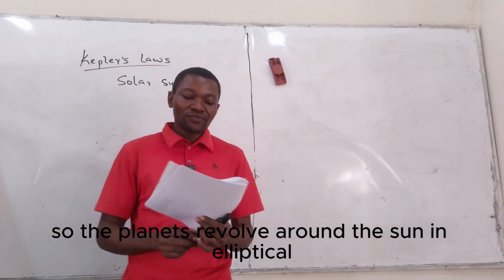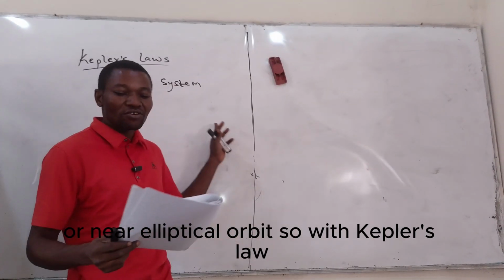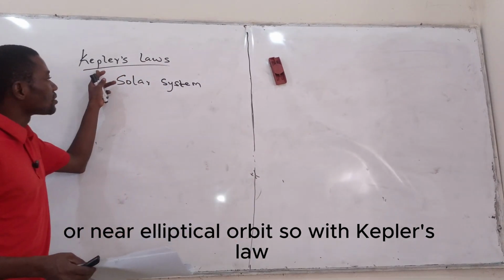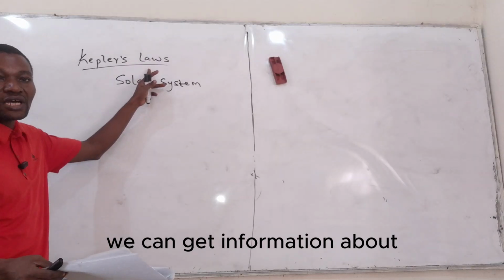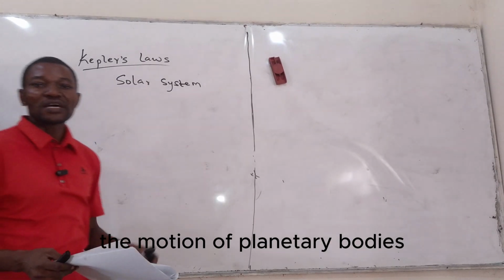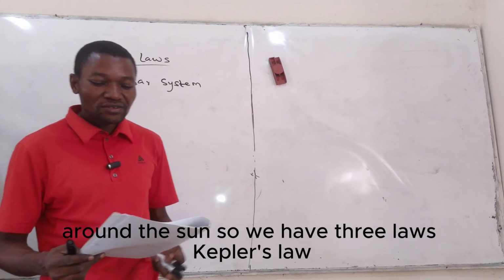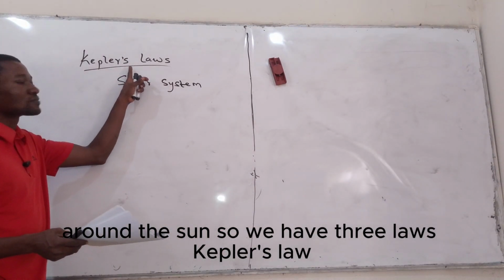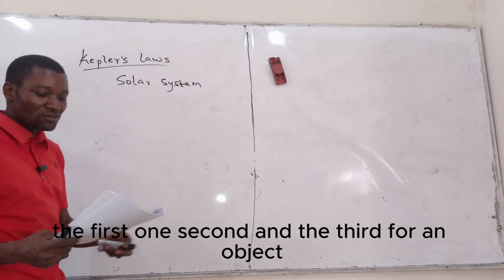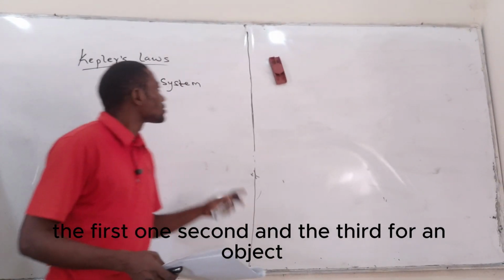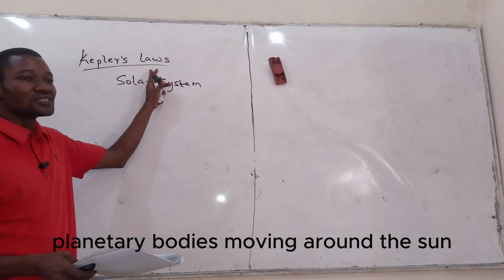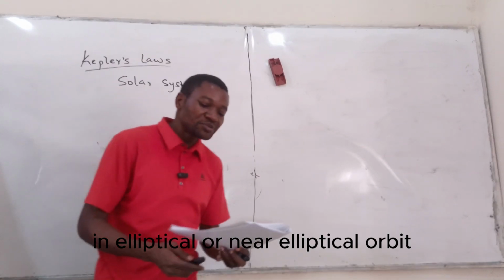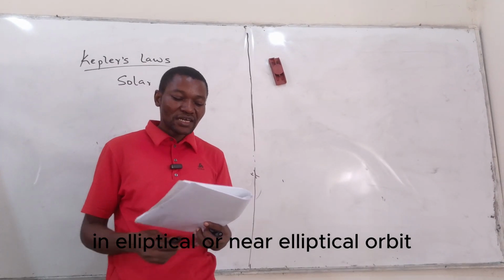So the planets revolve around the sun in elliptical or near elliptical orbit. So with Kepler's law, we can get information about the motion of planetary bodies around the sun. So we have 3 laws, the first one, second, and the third.